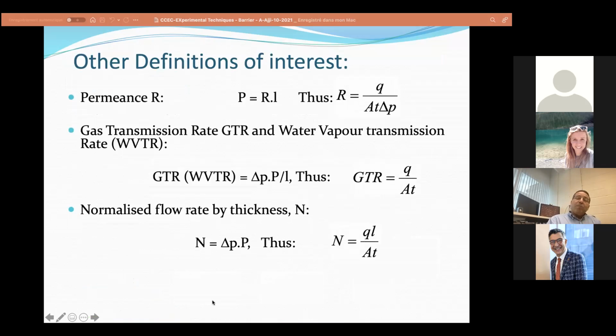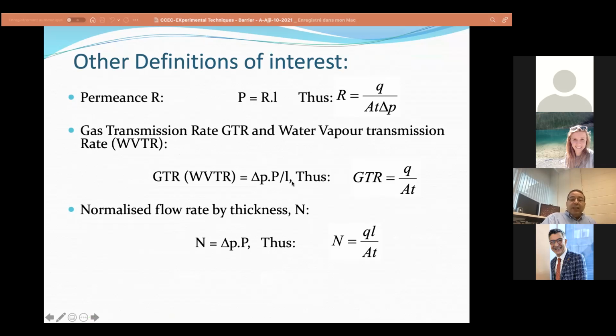There are also some other quantities of interest in permeation. One of them is permeance R, which is the permeability divided by thickness. Expressed from the previous relation, it is Q, the amount of gas, divided by surface, time, and delta P. Another one that is also used, and you are probably familiar with it, is WVTR, the water vapor transmission rate, or in general for any gas, the gas transmission rate.